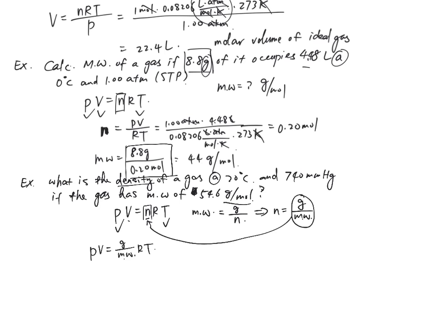But you still don't have the density. Well, hold on a second. What does density equal? Density of a gas is mass over volume. Mass is grams, and volume is V. Density equals mass over volume. I do have grams and volume in the equation I have now.